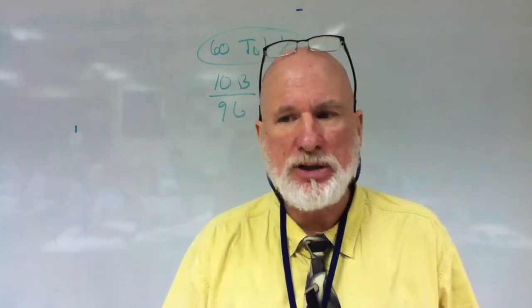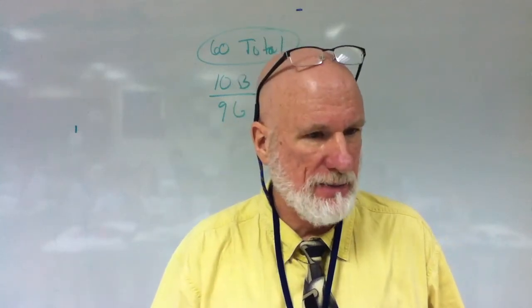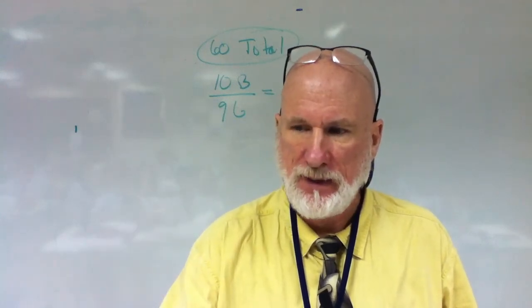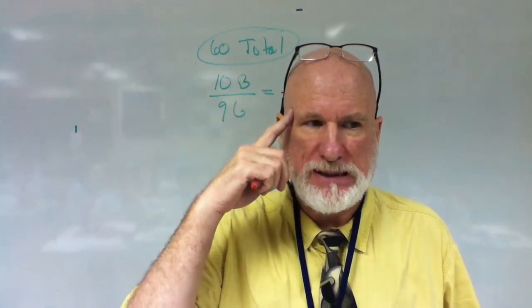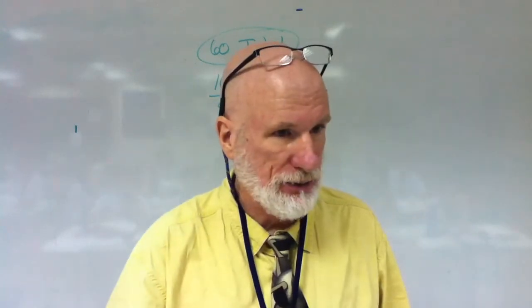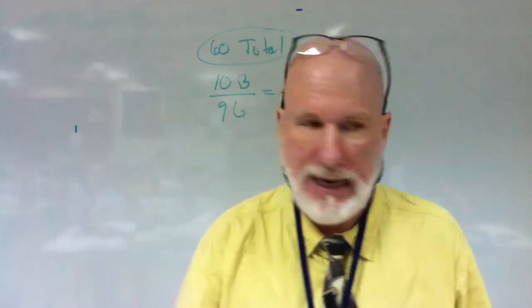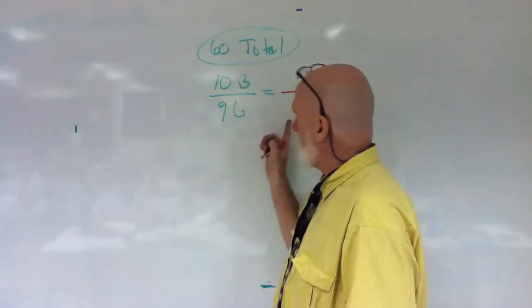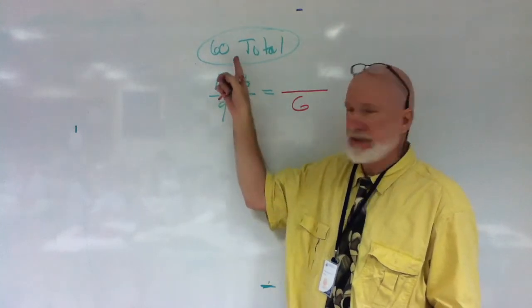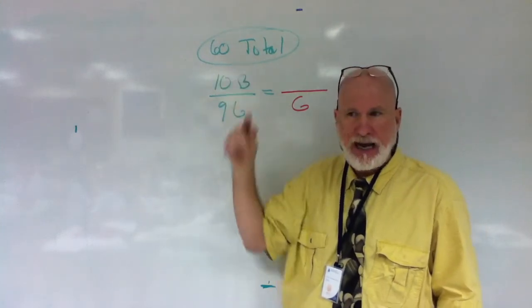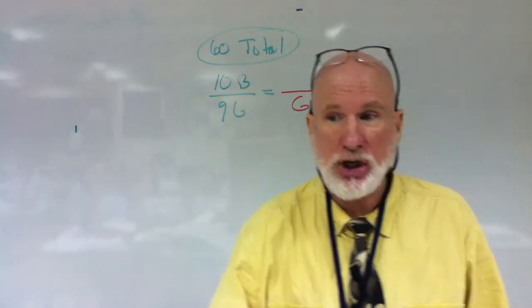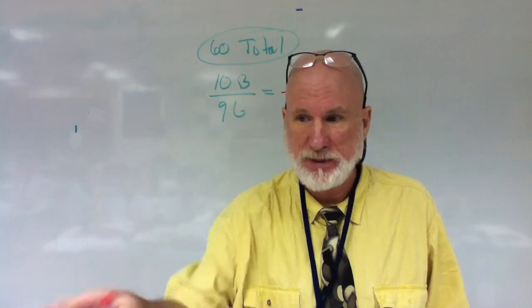Now, how can you represent the number of boys? Listen to the language very carefully. How do I represent the number of boys in terms of the number of girls? If G is the unknown number of girls, and I know there's going to be 60 total students, how can I represent the number of boys in terms of the number of girls?